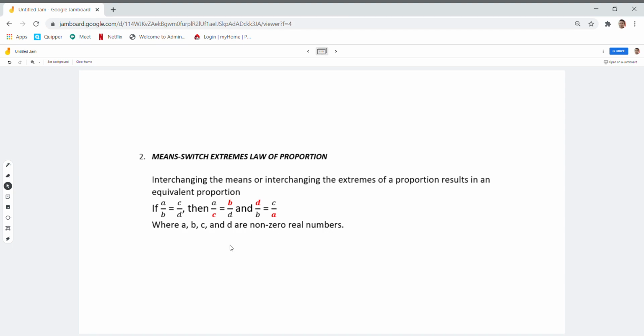As you notice, interchanging your means, B and C, becomes C and B, right? And interchanging your extremes, A and D, becomes D and A. So if you notice proportions like this, that means they are just equivalent, where A, B, C, and D are non-zero real numbers.